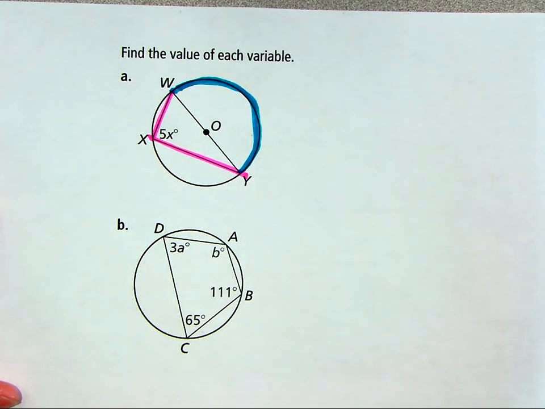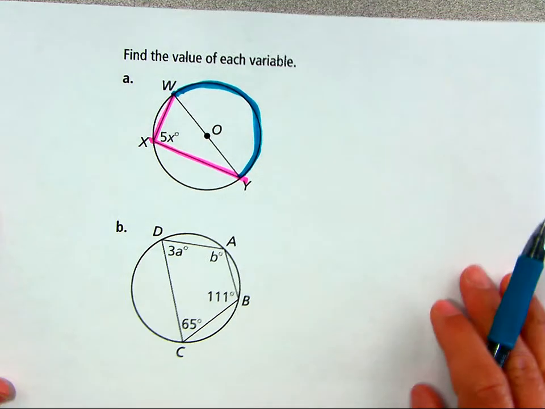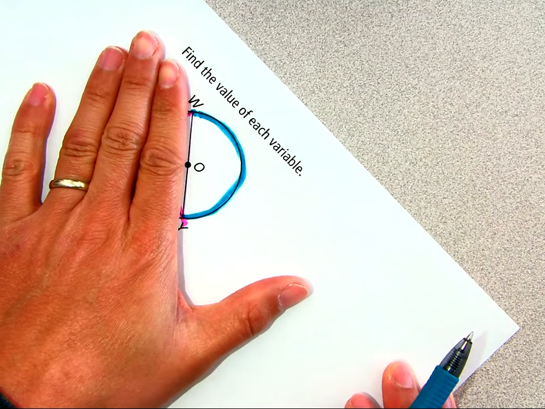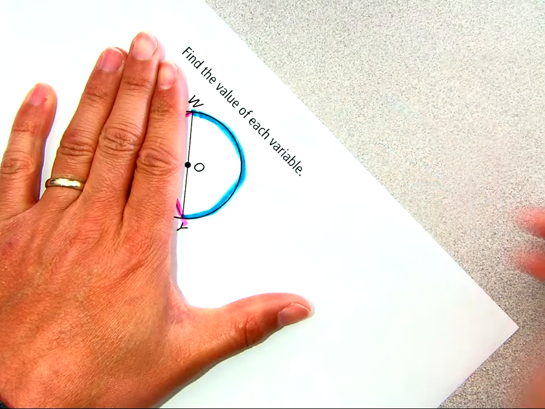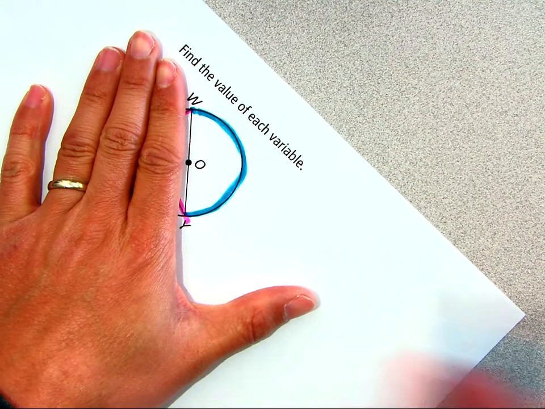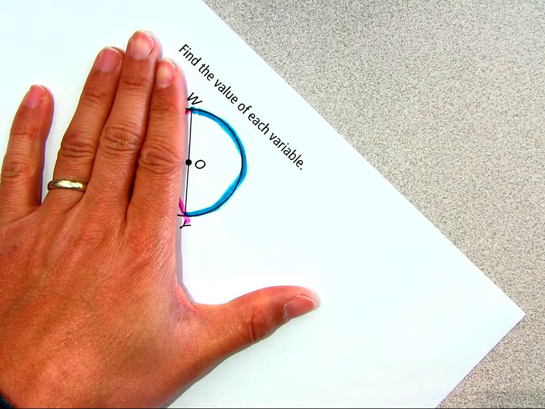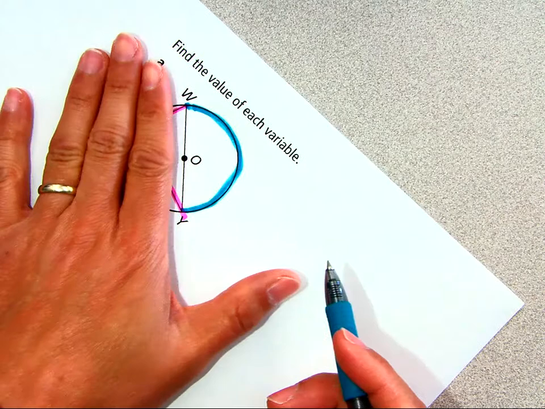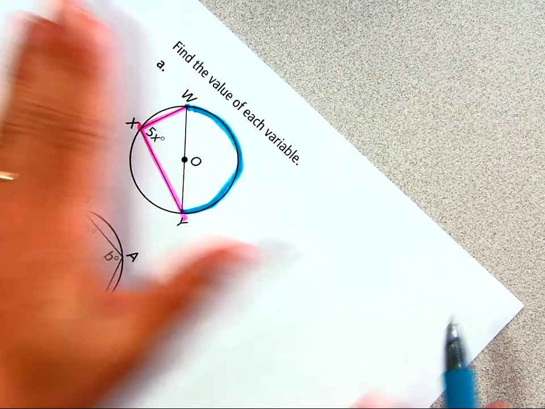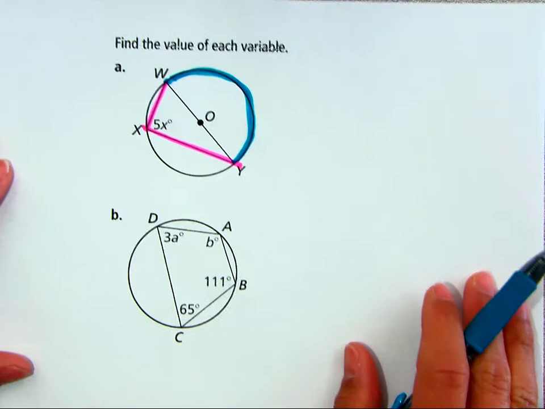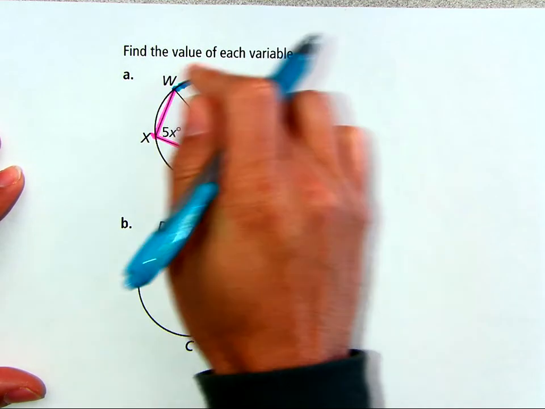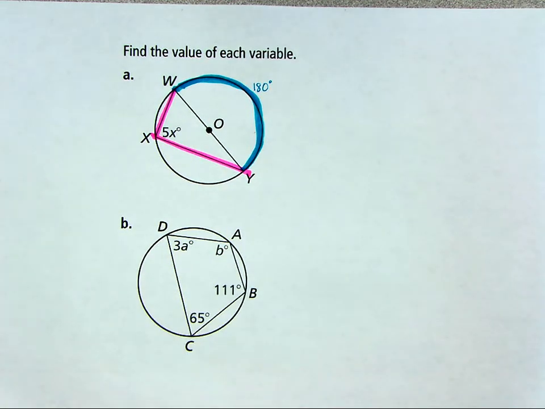Look at this circle. Let's rotate it this way and cover up this half. WY is the diameter. It divides this circle into two semicircles. If a circle's full arc measure is 360, then half a circle would be 180. So we can conclude that the measure of arc WY is 180 degrees.